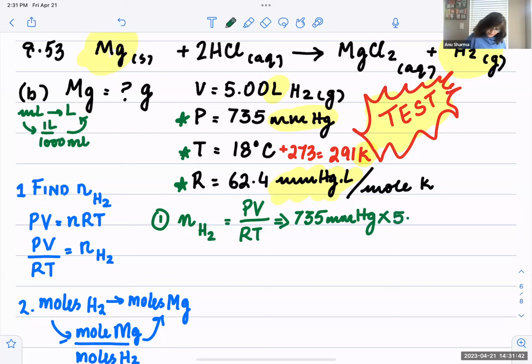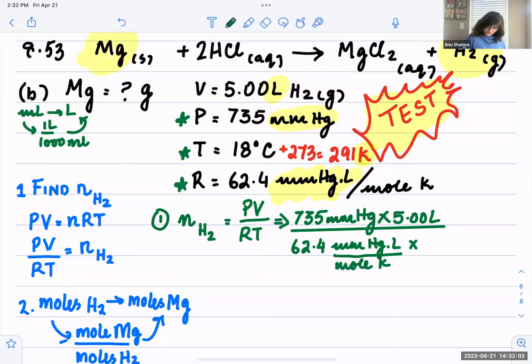Volume is 5.00 liters, over the R value, 62.4 millimeters of mercury times L over moles K, times temperature 291.